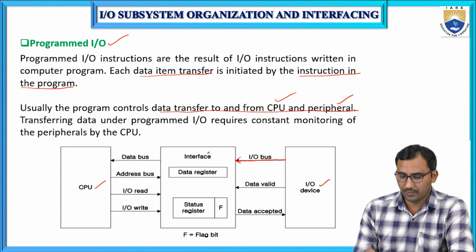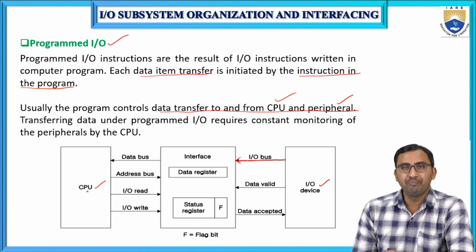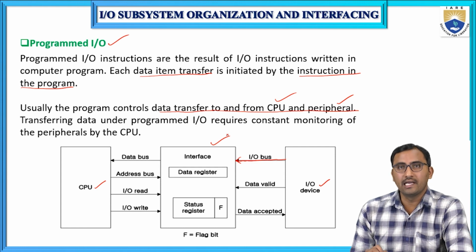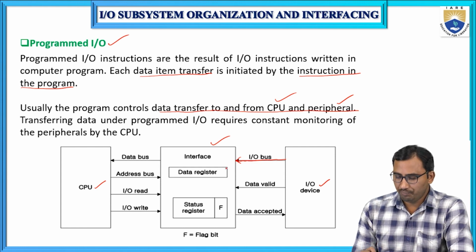Already we have seen we are using an interface circuit between the CPU and the I/O device, and the necessity of using this interface circuit. So whenever the I/O device places the data in the data bus, it will be given to the interface circuit. The interface circuit consists of the data register and status register F.